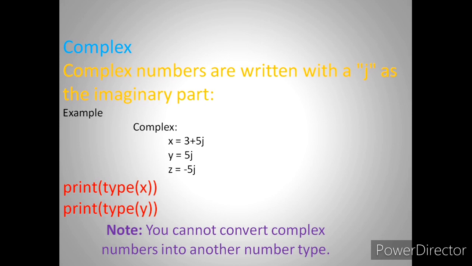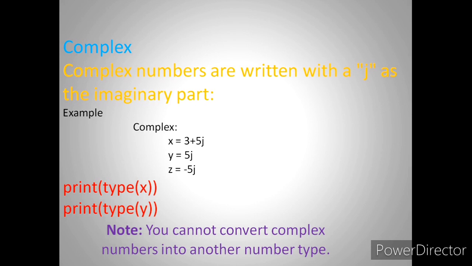Okay, next comes the one which is new to you all, that is the complex number. Complex numbers are written with a j as the imaginary part. Already you are in class 11, now you will be learning about imaginary and complex numbers in your mathematics also. So if you are saying x is equal to 3 plus 5j, then it means it is a complex number.